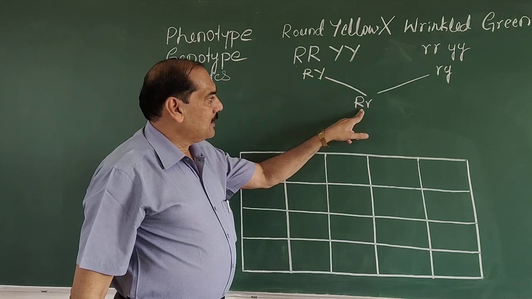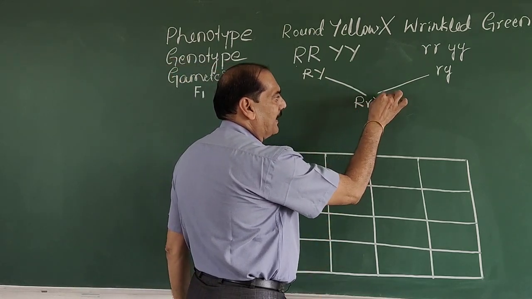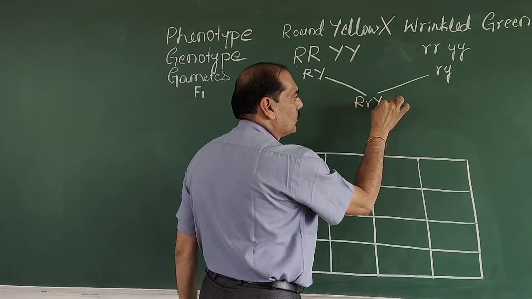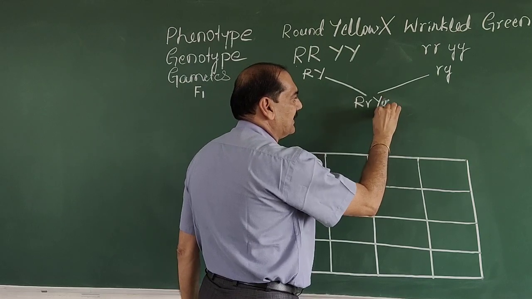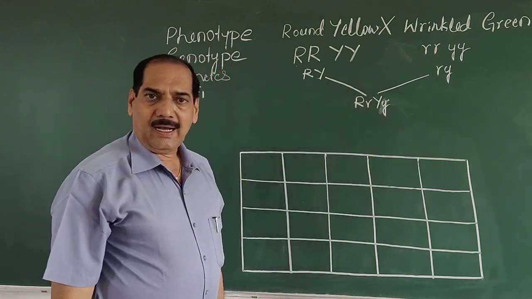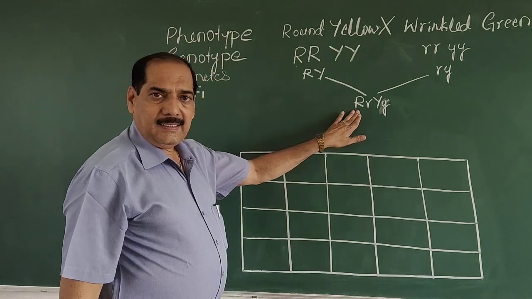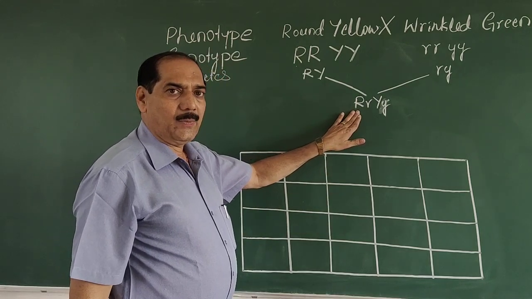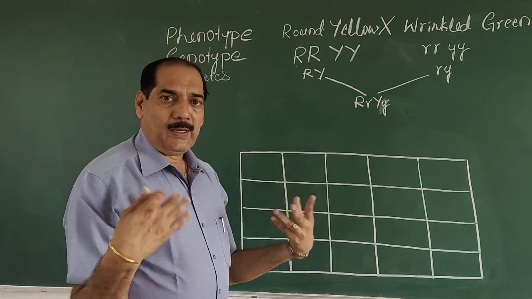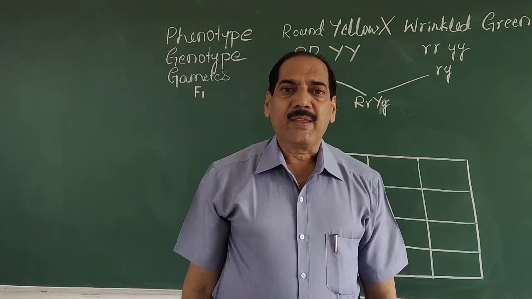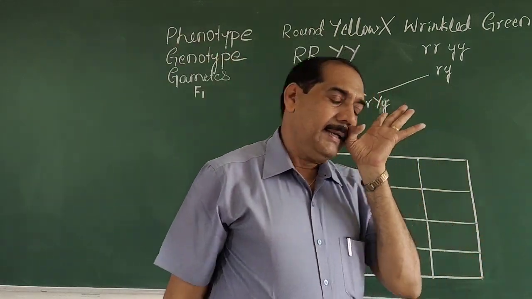These are responsible for the shape of the seed, and capital Y, small y associate, they are responsible for the color of the seed. Okay, this seed developed. After developing, it produces what type of seeds, what will be the shape of the seed, and what will be the color of the cotyledons or seed.